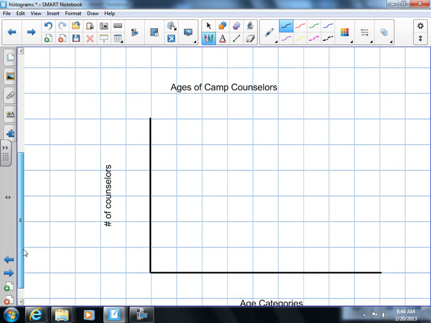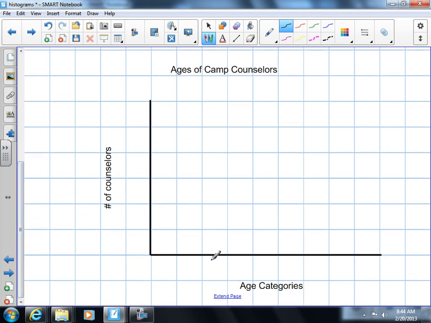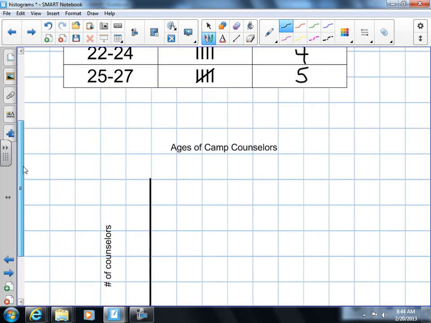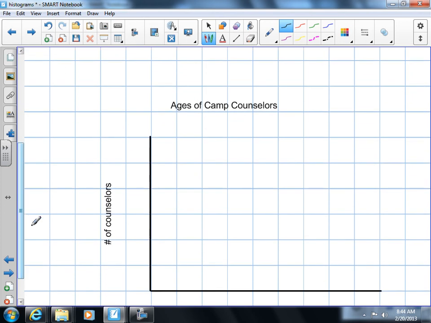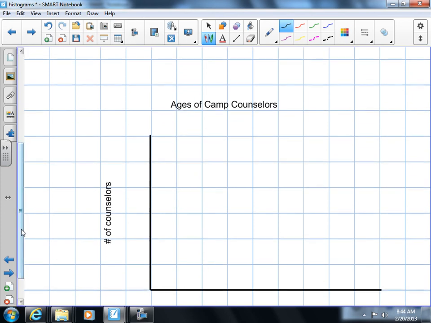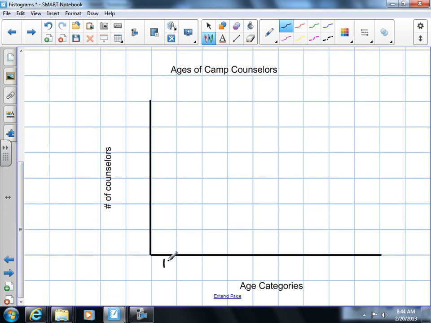And then when you make this into a histogram, these are your age categories, which, what was the first one? 16 to 18. And the second one was 19 through, and then 22 through 24, and 25 through 27. Is that it?